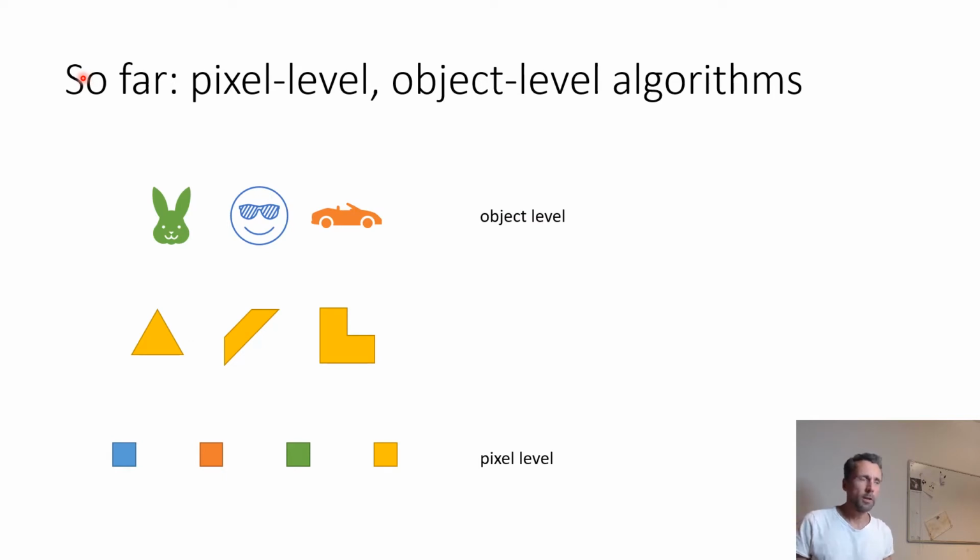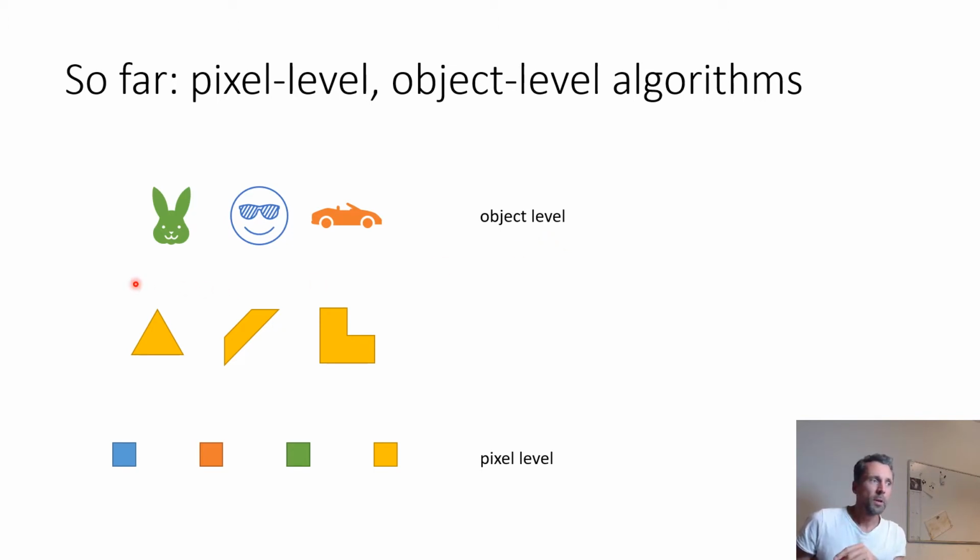But so far, let's just recapitulate what we have been doing. So we have looked at pixel level properties like color, for example, or edges, gradients, and how to extract these properties. And also we have looked at algorithms that give us object level properties. So whether there is an object or where does it move.